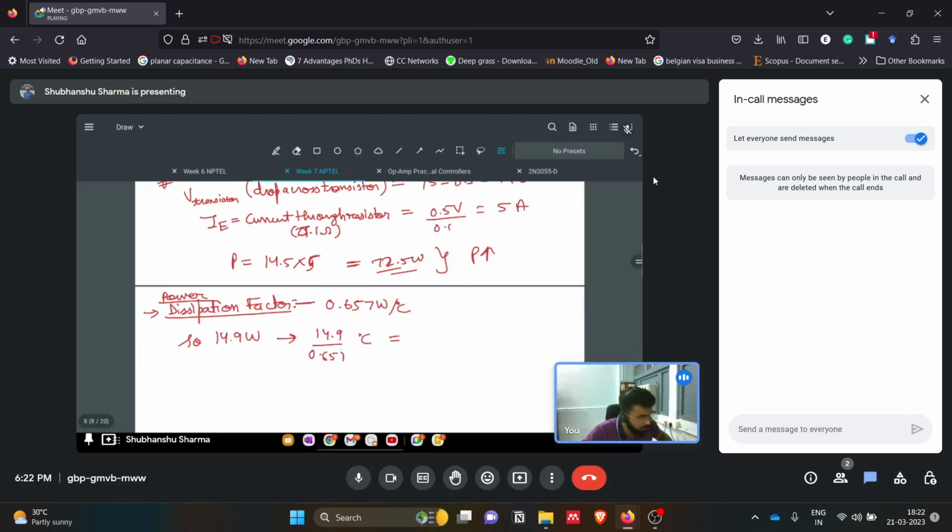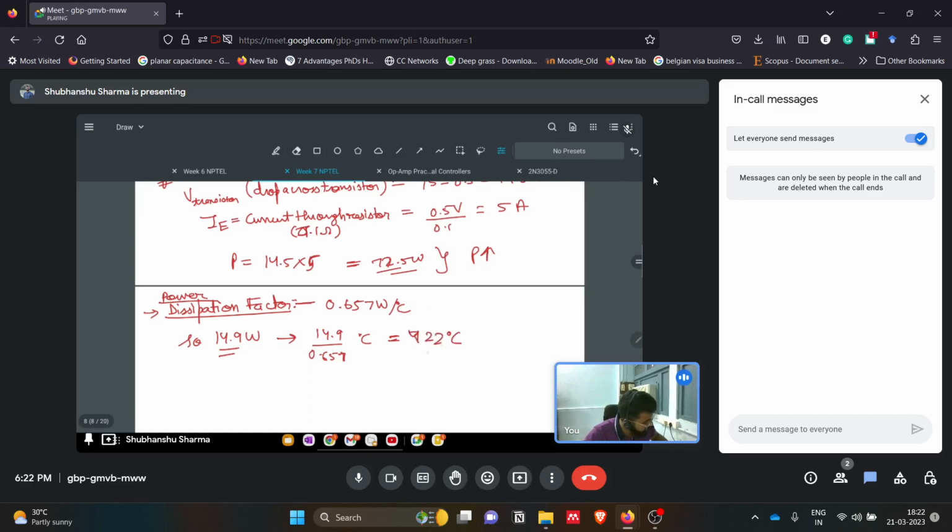The power dissipation of the transistor was 14.9 watts, and based on that the temperature rose by 14.9 divided by 0.657, which is about 22 degrees Celsius.